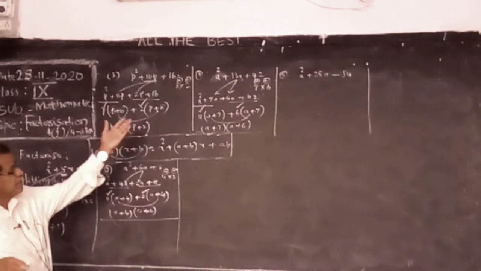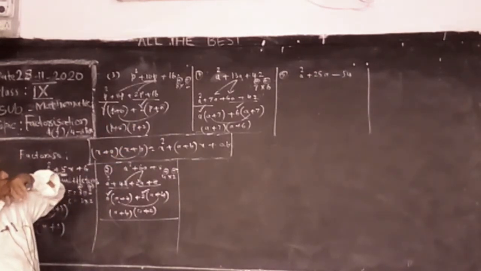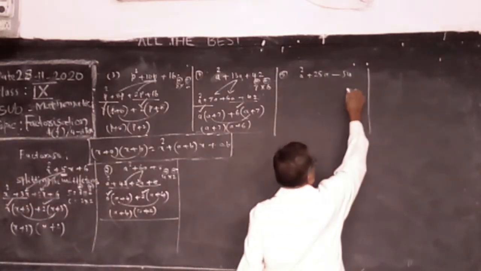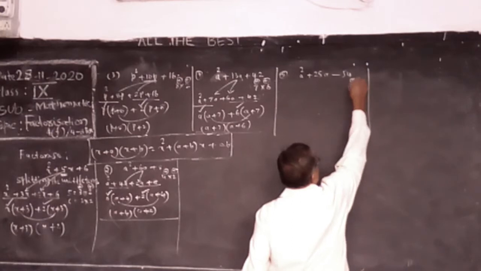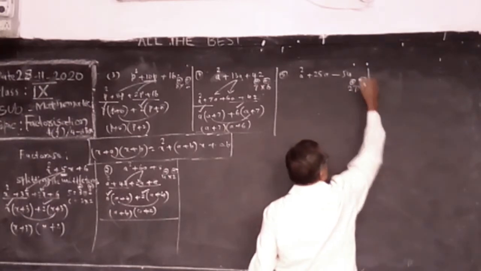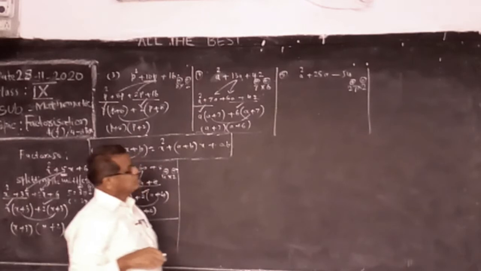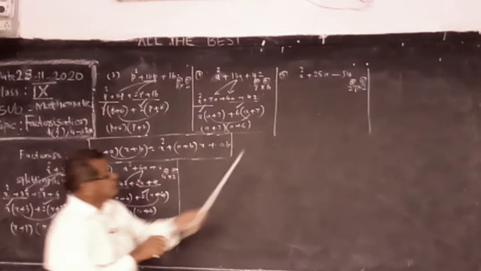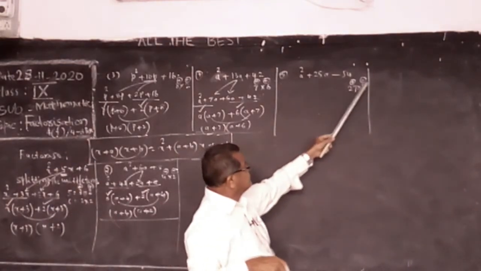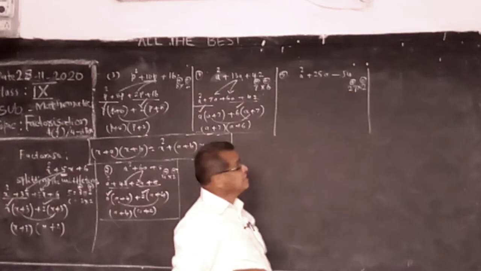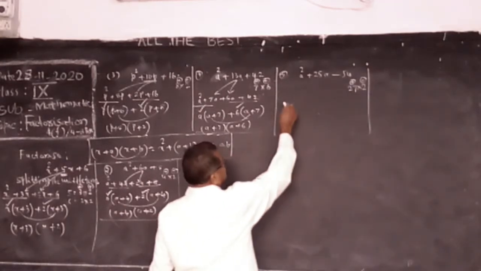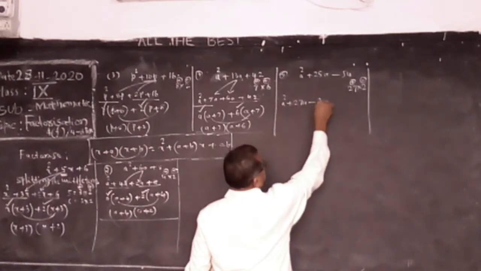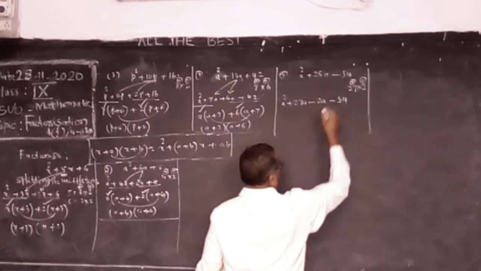Easy: 25 is 27 minus 2. 27 is the plus and 2 is the minus. The product is minus 54 and the sum is plus 25, because plus is there: 27 minus 2 gives plus 25. So split the middle term like this: a squared plus 27a minus 2a minus 54.